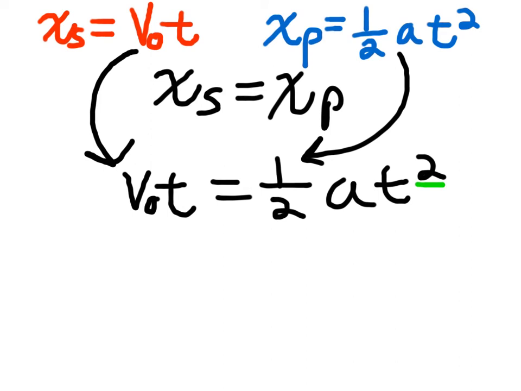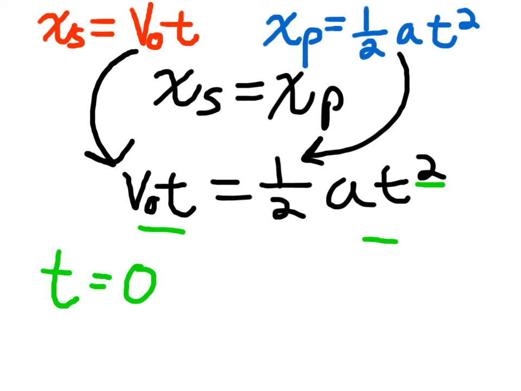Alright, the two solutions when you solve are t equals 0. Try that out. If I plug in 0, this side becomes 0 and this side becomes 0, so obviously that's true. Remember I pointed out in, I think, hint 1 that we would find this solution. This is the starting point. We know that they're at the same place at the starting point, when the speeder initially passes the police car.